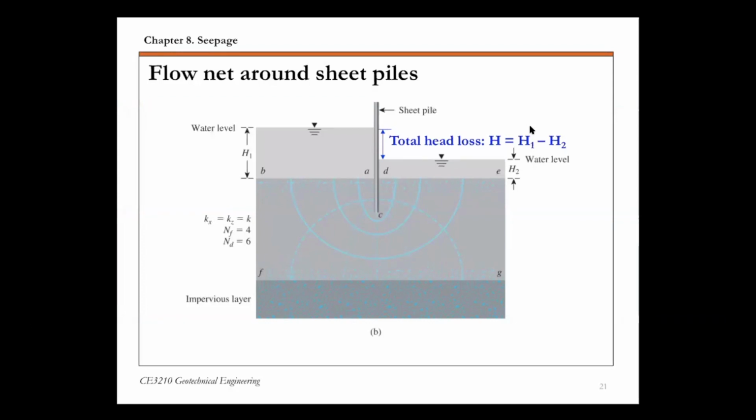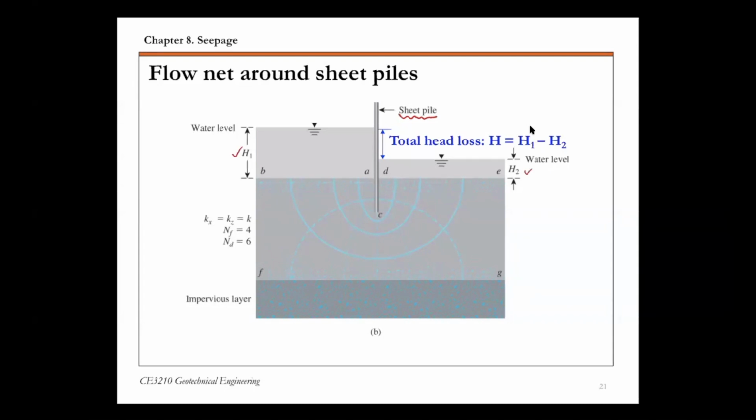Some quick definitions here. This is, of course, your structure, the sheet pile. On the left-hand side, we have a higher water table, water level H1, that's our upstream. On the right-hand side, it's a lower water table, H2, that's the downstream.